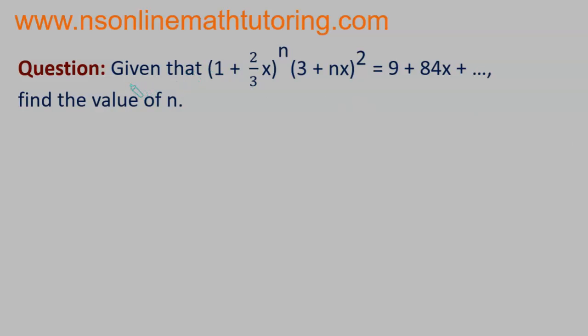So the first question says, given that 1 plus 2 over 3x whole raised to the power of n times 3 plus nx whole raised to the power of 2. So this is one binomial expansion and this is another binomial expansion, and these two are getting multiplied together.